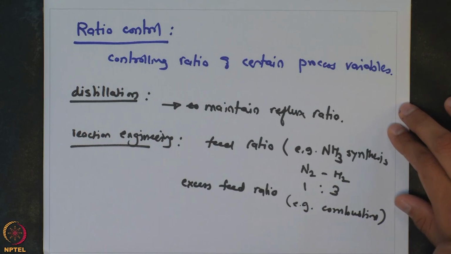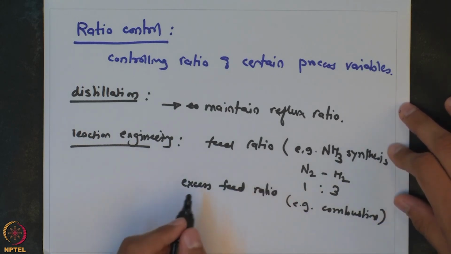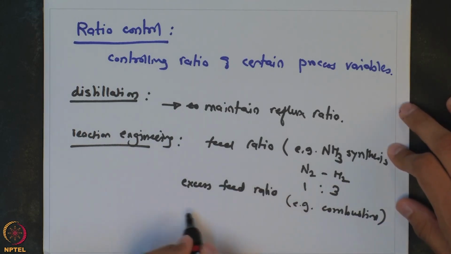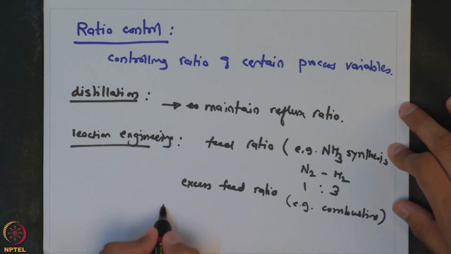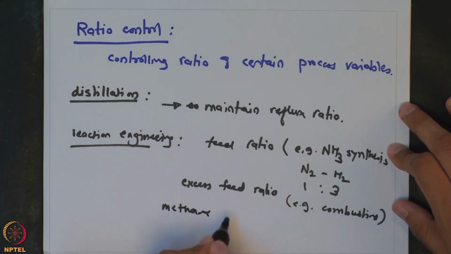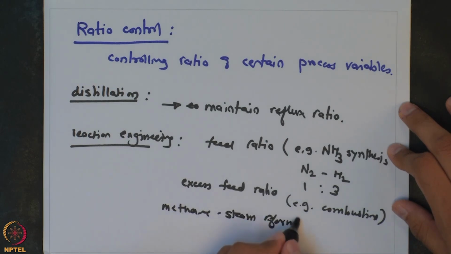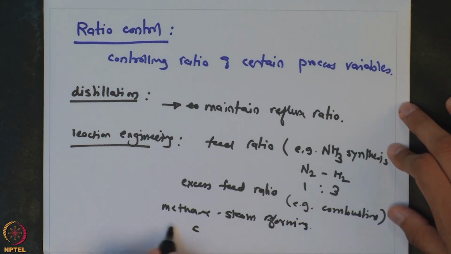Another place where you might want ratio control is, for example, methane steam reforming, where you want to maintain the steam to carbon ratio.